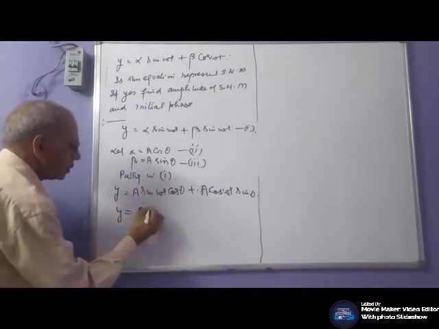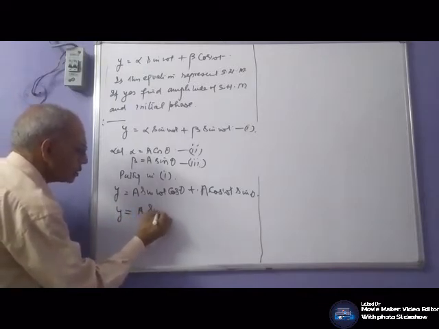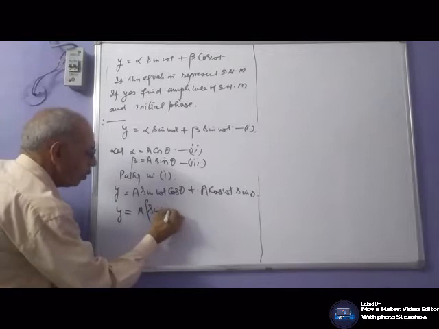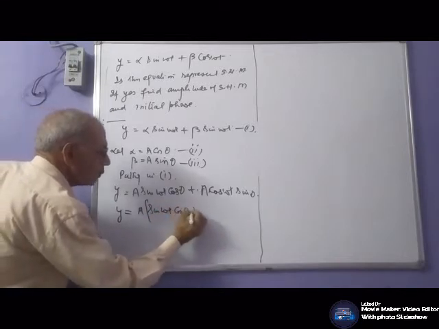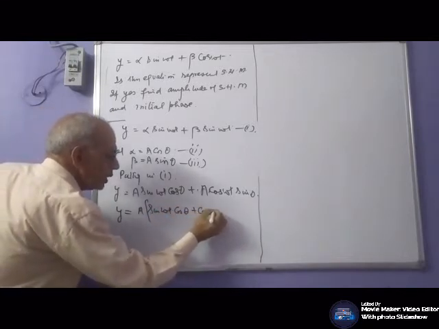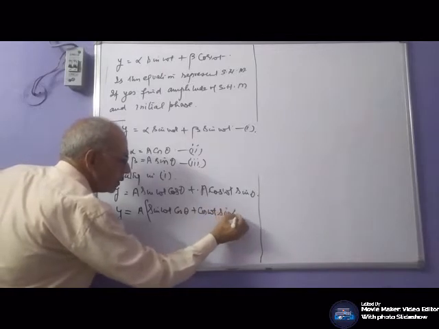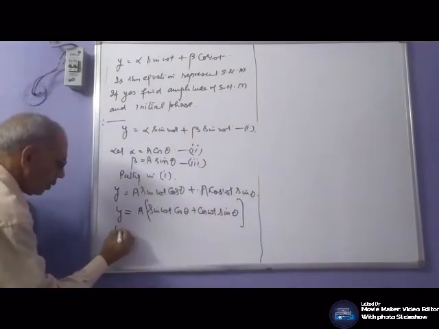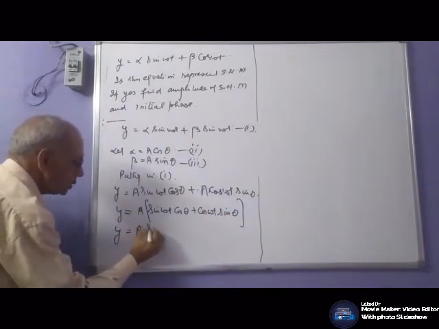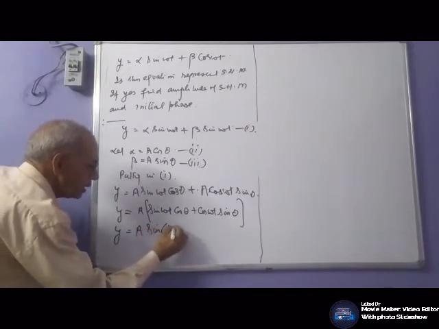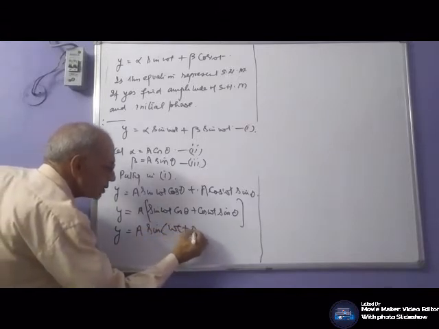A is common: A times sin omega t cos theta plus cos omega t sin theta, and y equals A sin omega t plus theta.